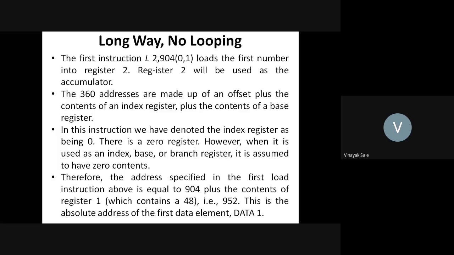The IBM 360 machine addresses are made up of an offset plus the contents of an index register. So this is a combination of index register plus base register. The contents of this register are the index register and base register.